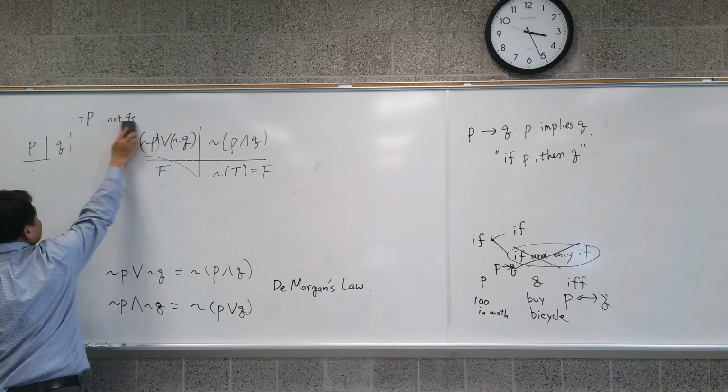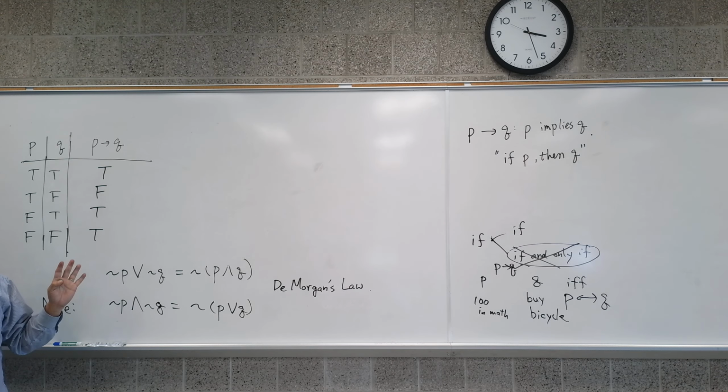But if my part of the bargain is false, then because we are working with this first flavor of if, we don't really care about the outcome. Outcome can be either true or false. In either case, the original statement is still true.